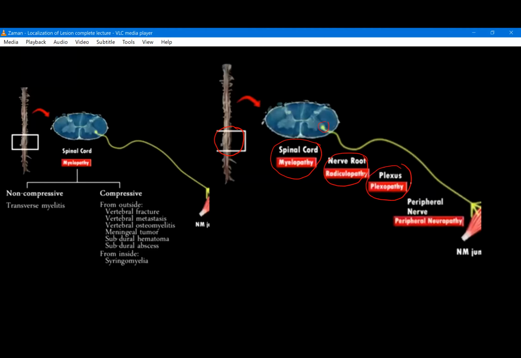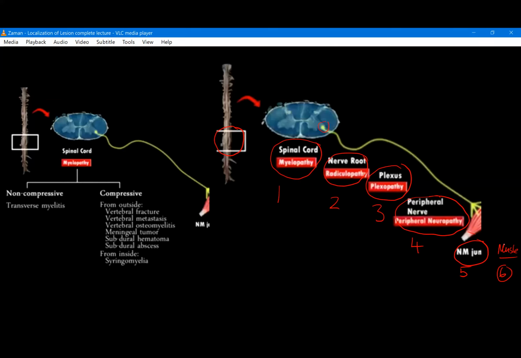Then if the lumbar plexus is involved, it is plexopathy, then the peripheral nerve, like the femoral nerve, individual nerves, and finally the neuromuscular junction. So: myelo, radiculo, plexo, peripheral nerve, NM junction, and the last one will be the muscle itself, that is myopathy.